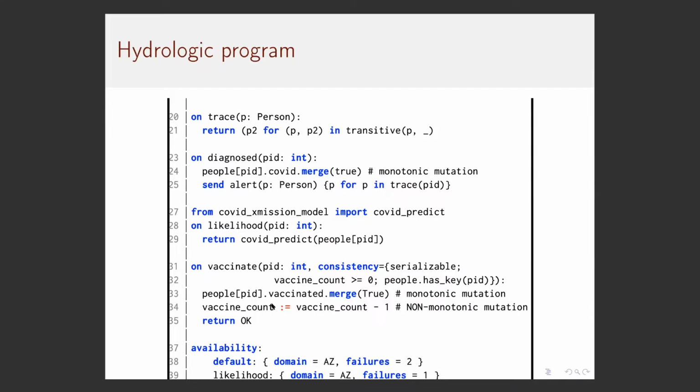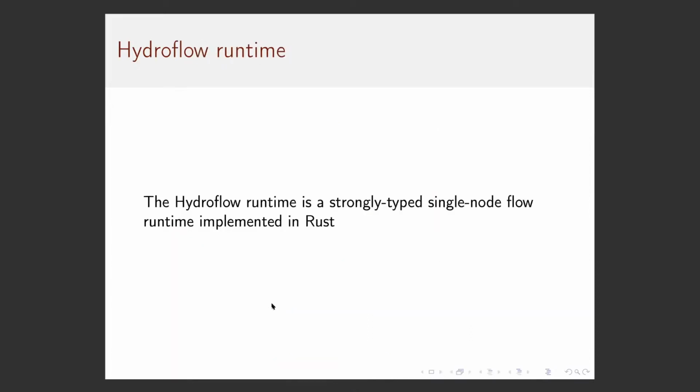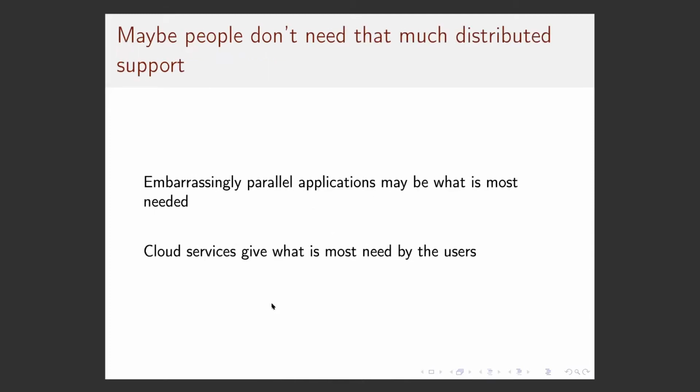So that's an example they give, and it's possible to narrow down the non-monotonic mutation to a couple of lines, like maybe line 34 in this Hydrologic program. And as I mentioned, this is then compiled down to a more efficient representation they are proposing. Maybe Rust would be suitable for that.